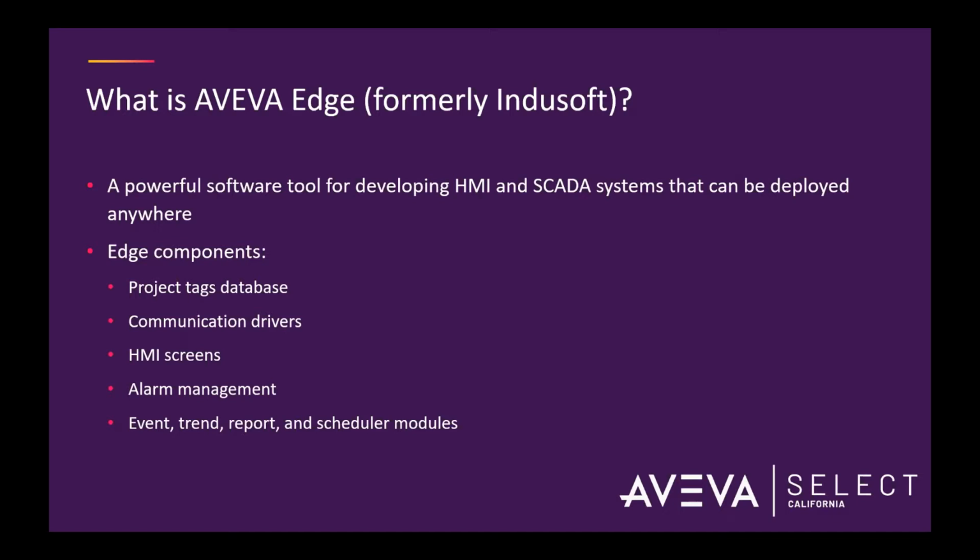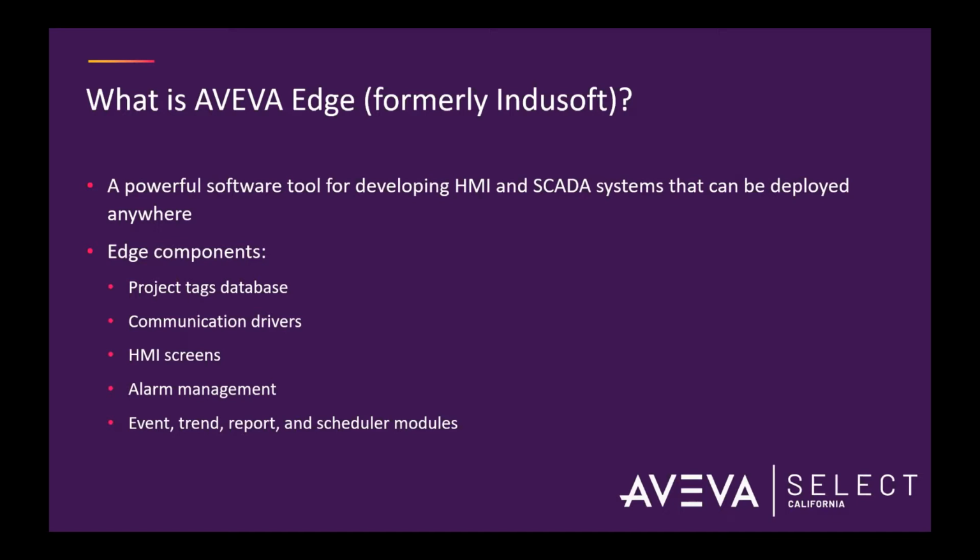Edge has several components that address these SCADA needs. The first one is a project tag database that allows you to manage all of your runtime data strategically by naming and storing different tags that contain that data. This includes all of your PLC I/O data and your internal variables as well.